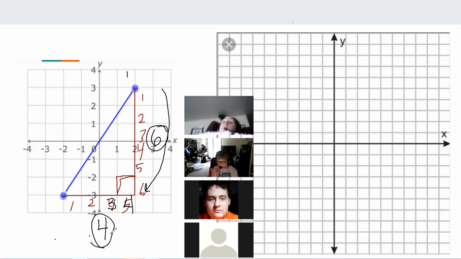Or would someone write on the screen what my Pythagorean theorem would look like? Well, the answer would be 52. But if you rounded that, that would be, I think, 50. Well, you're right. You would get 52, but we have to make sure that we do that final step of the Pythagorean theorem.